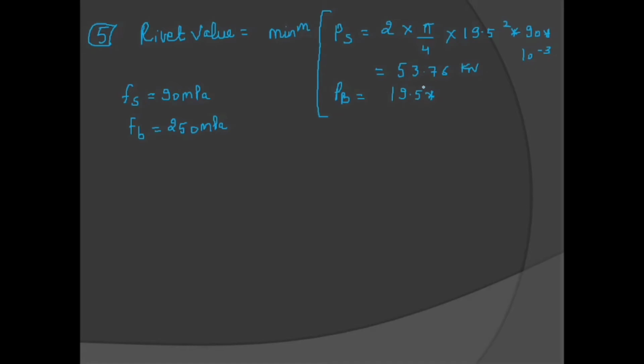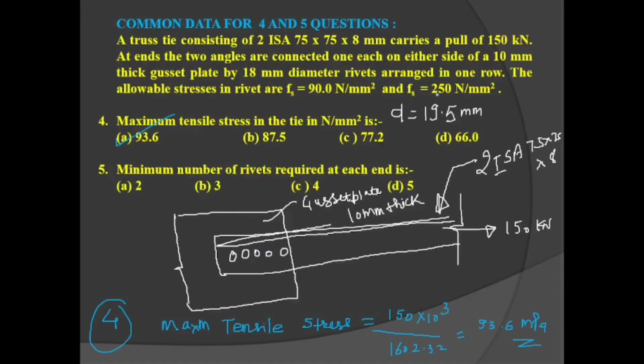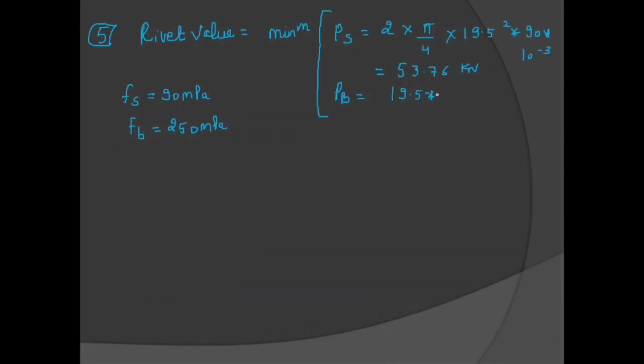Okay. Now PB value, that is d gross into t minimum times Fb. T minimum in the problem is given as 10 mm or 8 mm, but two angles are connected, so 8 plus 8 that is 16, and 10. Since it is a double cover butt joint, t minimum is the minimum of 8 plus 8 or 10, whichever is minimum.